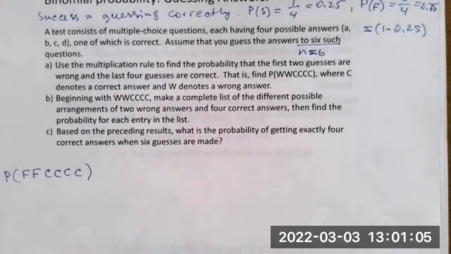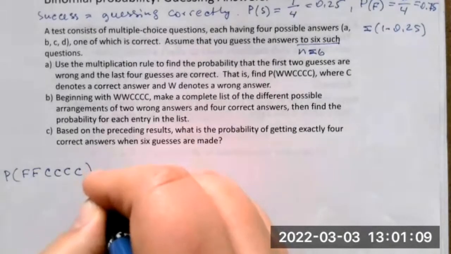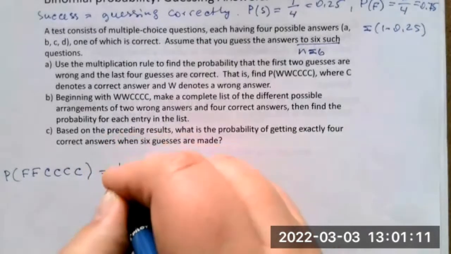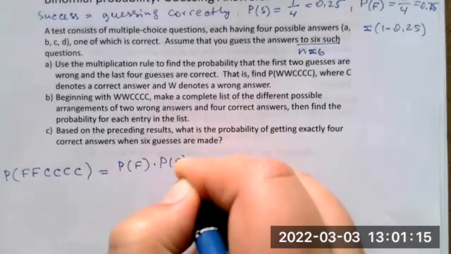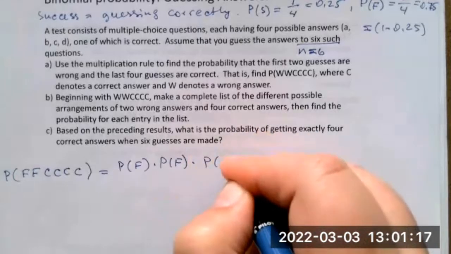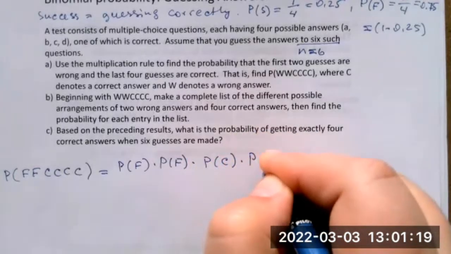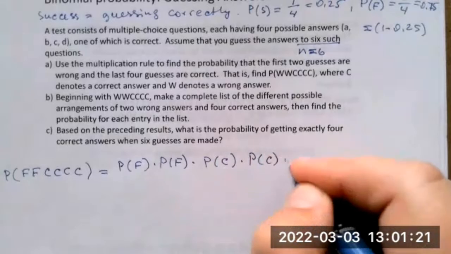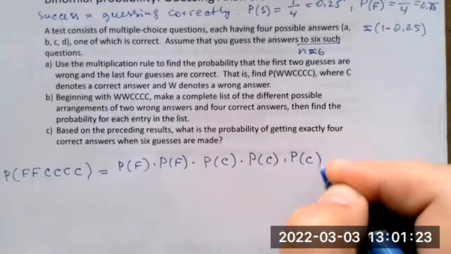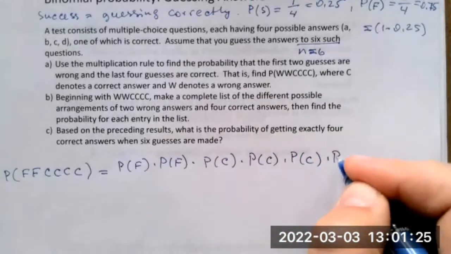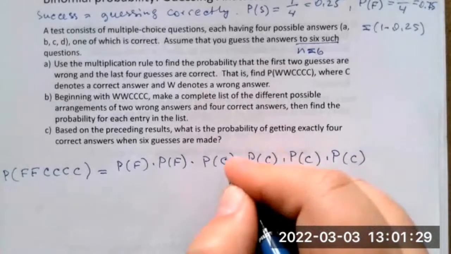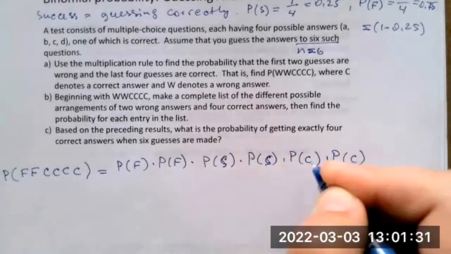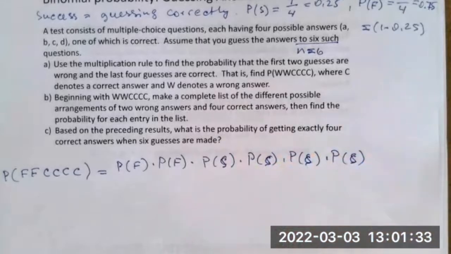Okay, so using the multiplication rule, we're going to use the probability of failure times the probability of failure times the probability of success 4 times in a row. So success, success, success, success.